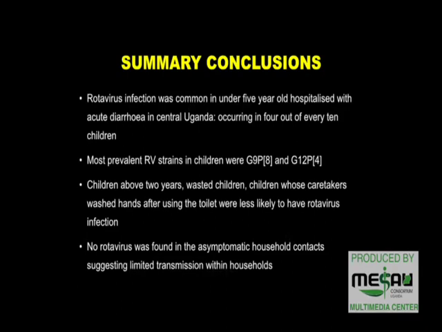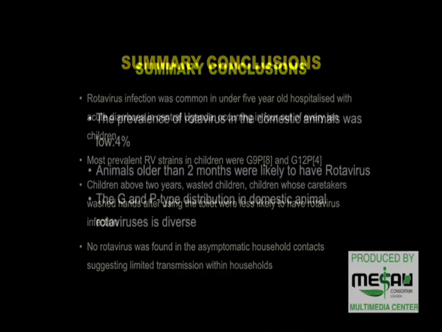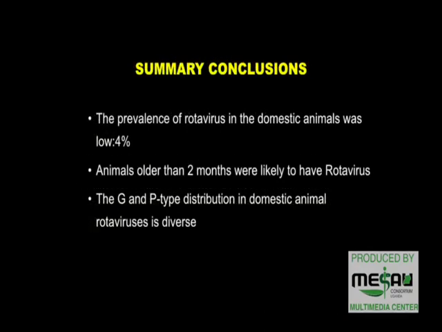And we found no rotavirus in the asymptomatic households, suggesting that probably there's limited transmission within the households we studied. And the prevalence of rotavirus in the domestic animals in Uganda was low, it was only 4%. And the animals which are older than 2 months were likely to have rotavirus infection.